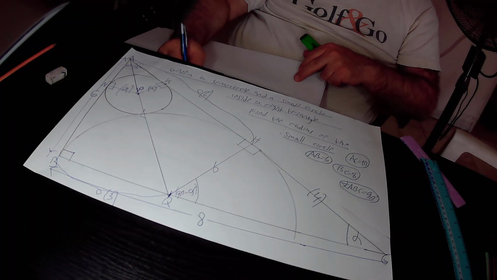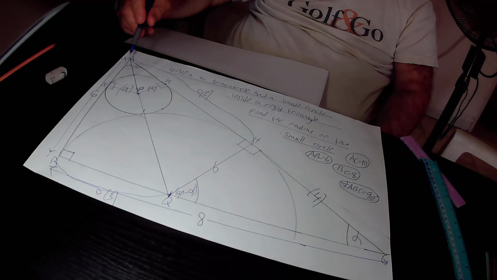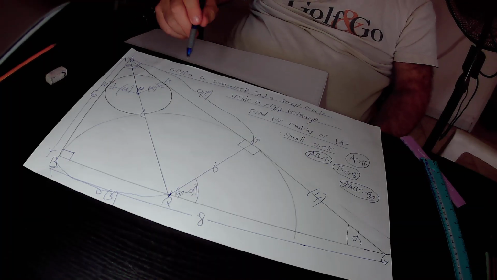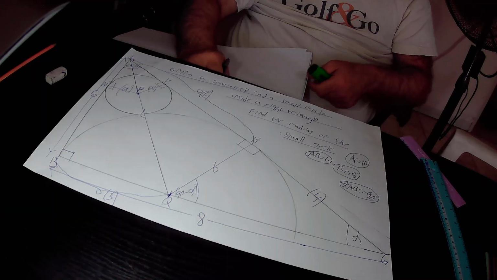In conclusion, we found out that the angle bisector of this angle A passes through points A, P and Q. So I write it down.